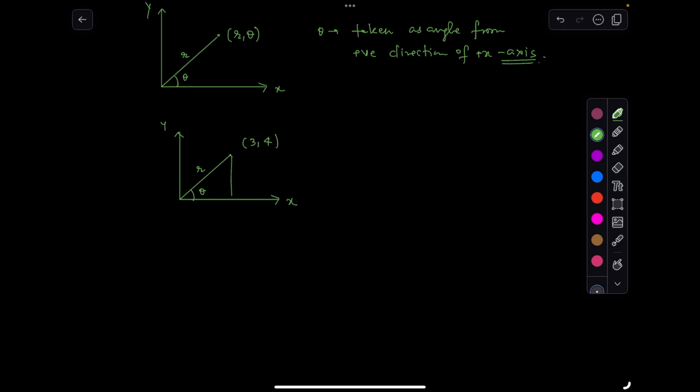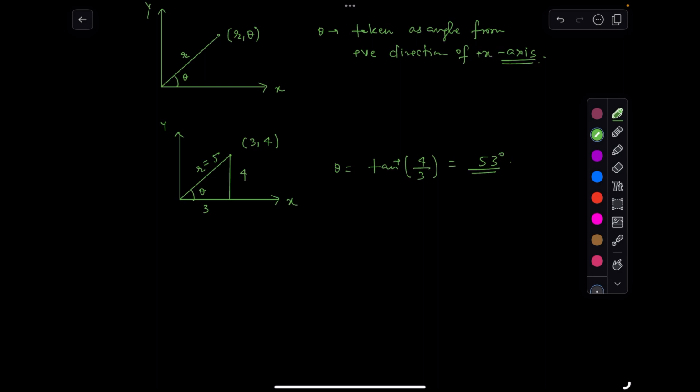In this case we can find r from these two distances, this is 4 and this is 3. So r will become 5, and theta can be written as tan inverse 4 by 3, and this will be 53 degrees.